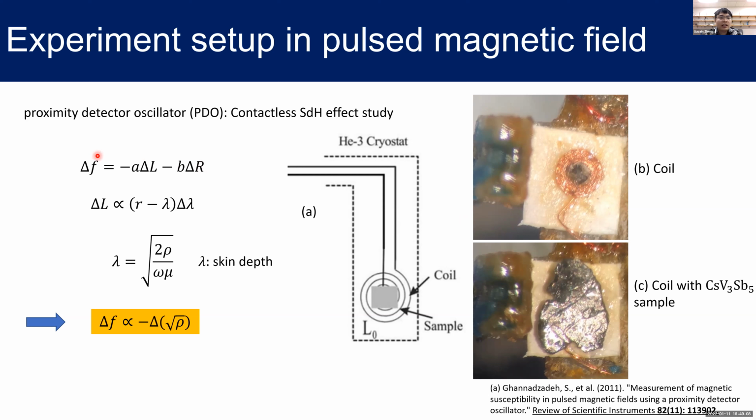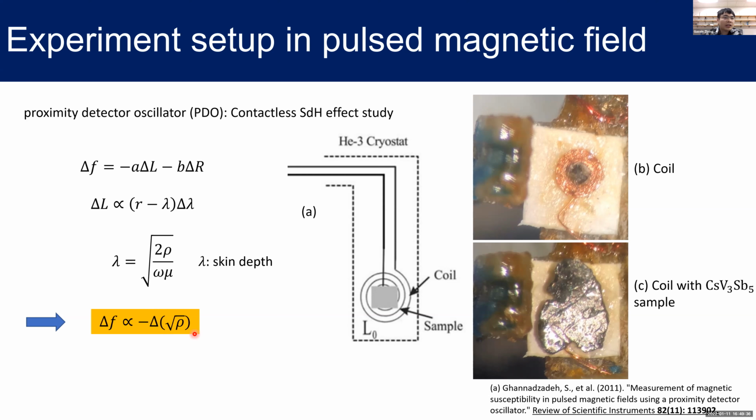This is related to the change of inductance, and the inductance is also related to the resistivity. So finally, we have the equation here, the last one. The change of frequency is proportional to the negative change of the square root of resistivity. Which means if we can measure the change of frequency, then we can measure the change of resistivity. So we can track the SdH effect.